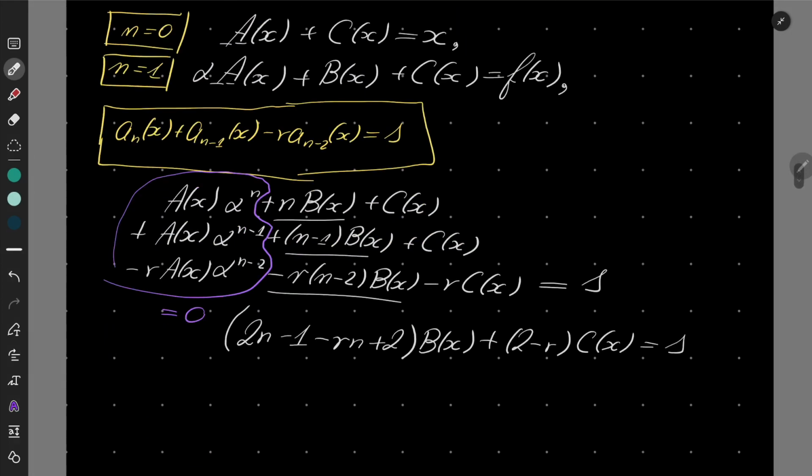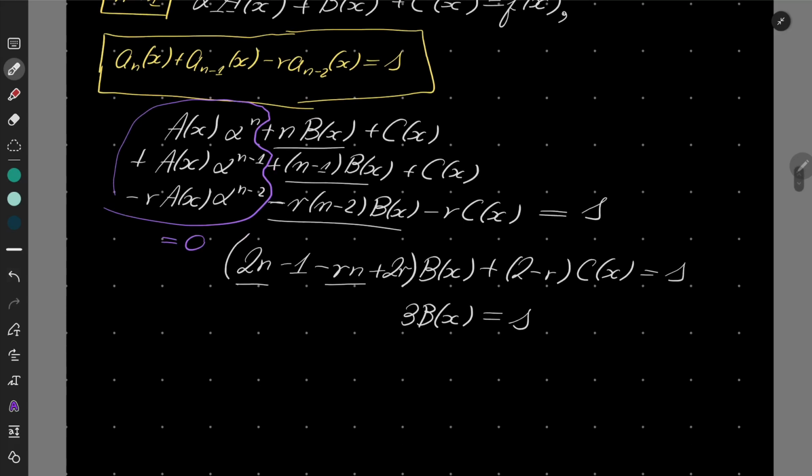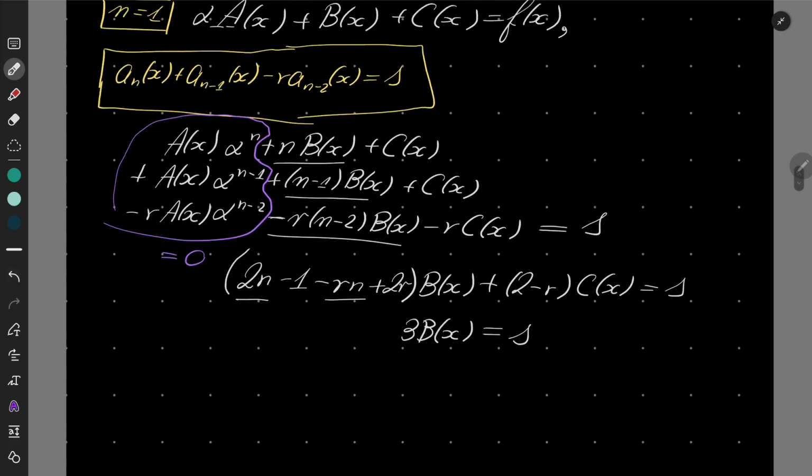So we have a simpler equation. 2n minus 2n is gone, minus 1 plus 2, plus 2r was missing, minus r times minus 2 is plus 2r. So we have 3b(x) equals, this vanishes, and it equals s. So it's our third equation.